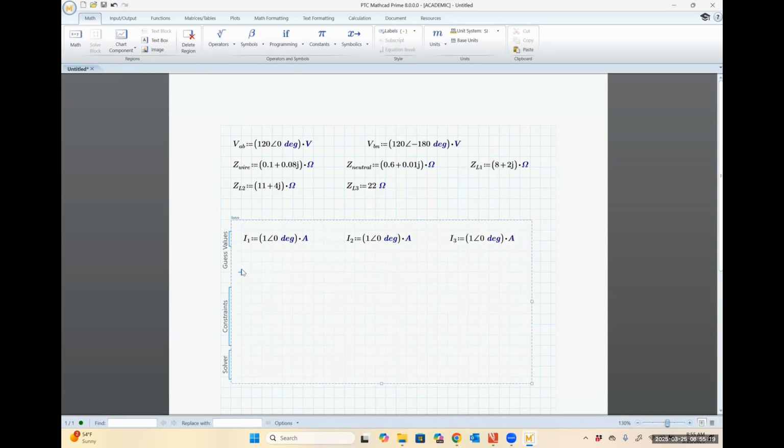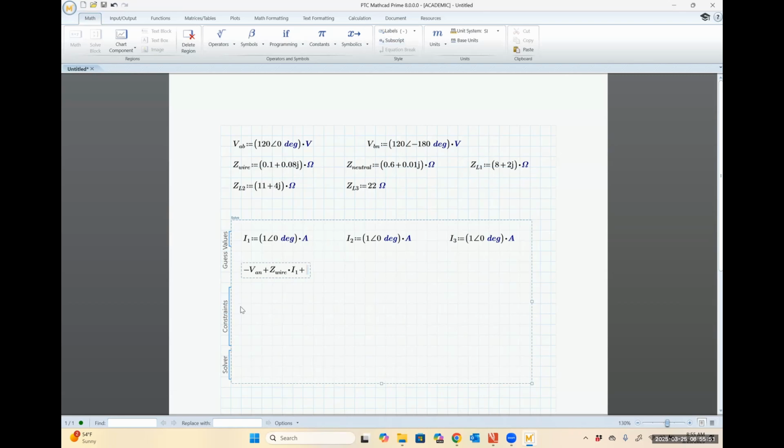Now, down below this, and for what it's worth, this constraint area is going to expand to take in whatever I happen to put. But in the constraint section is where I'm going to enter in the equations that we developed, right? So my first equation was negative VAN, and then I had plus Z wire multiplied by I1.